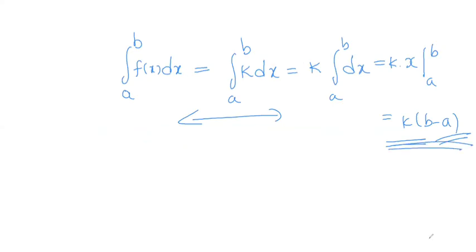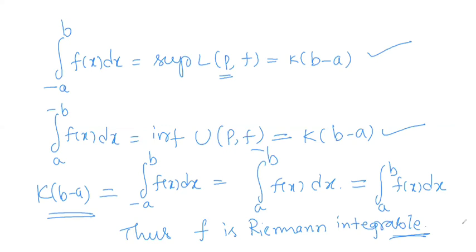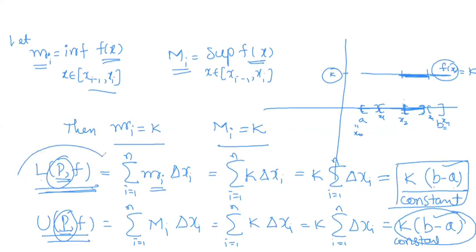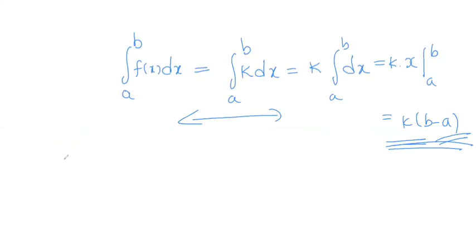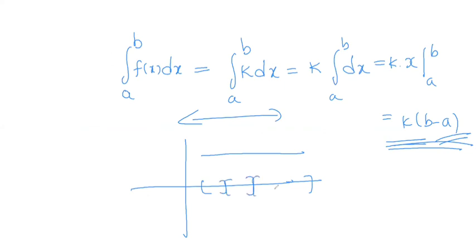So here in this example, you can observe how the lower Riemann sums and upper Riemann sums are there. So here, actually, lower Riemann sums. As the function is constant, in each of the intervals, if you calculate the minimum, it is the same. So you will get rectangles like this.